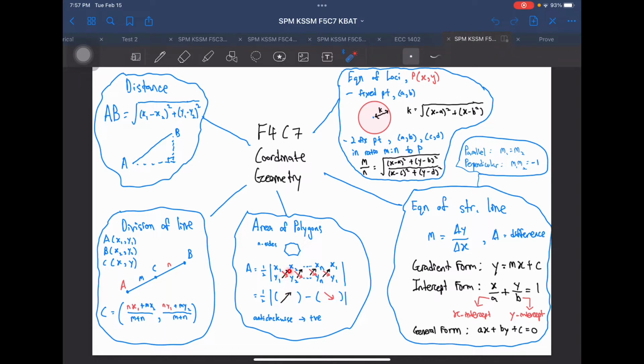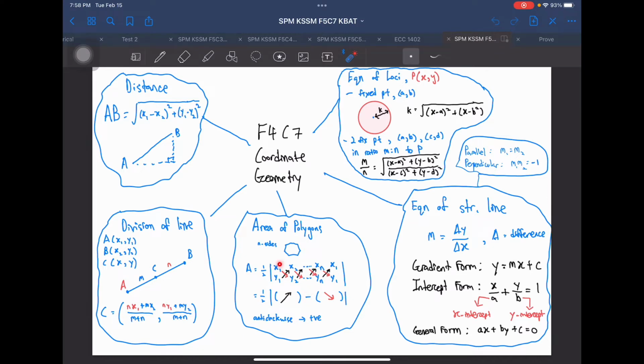You list down all the coordinates of these n points. It must be in a continuous direction, where I prefer anti-clockwise, as if you use the anti-clockwise direction, this difference is always positive. So it is better and easier for you to calculate it.